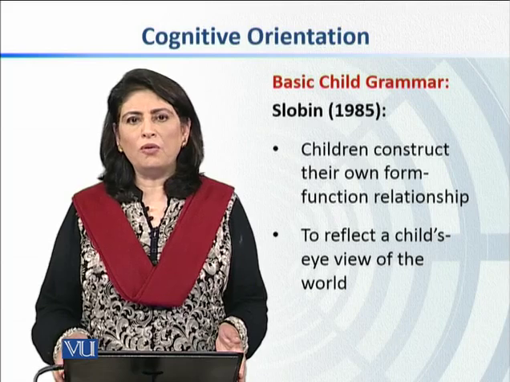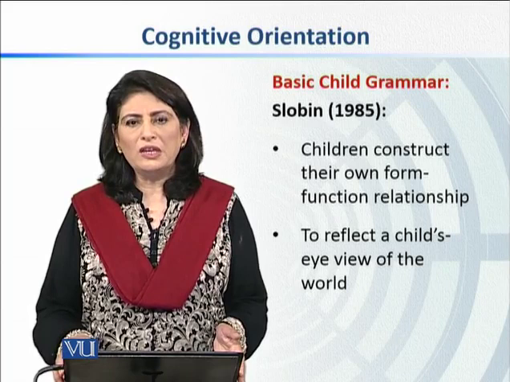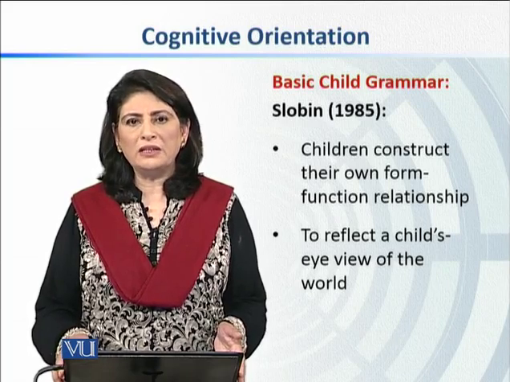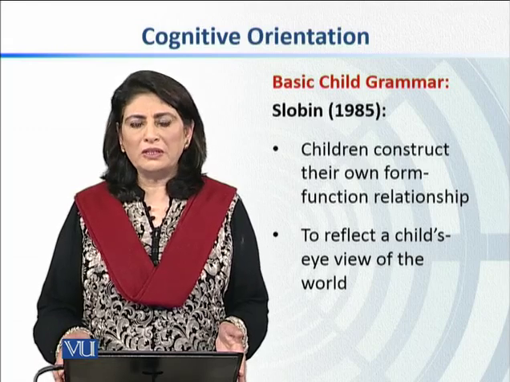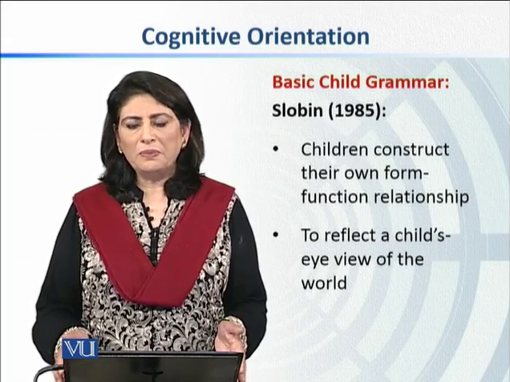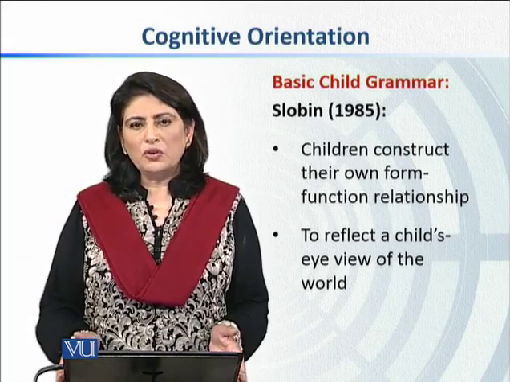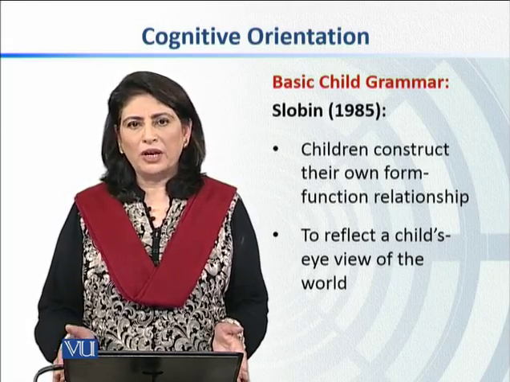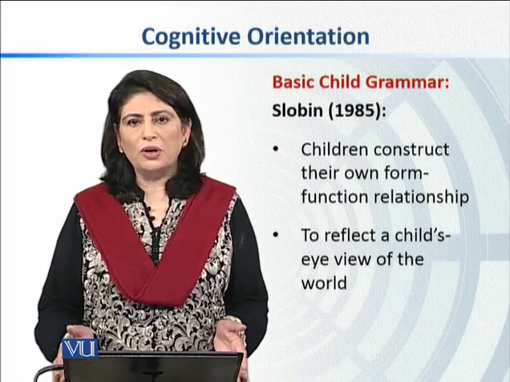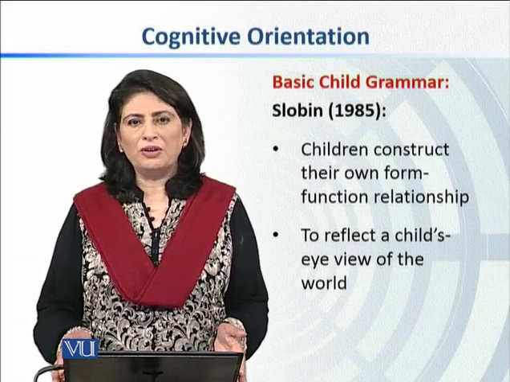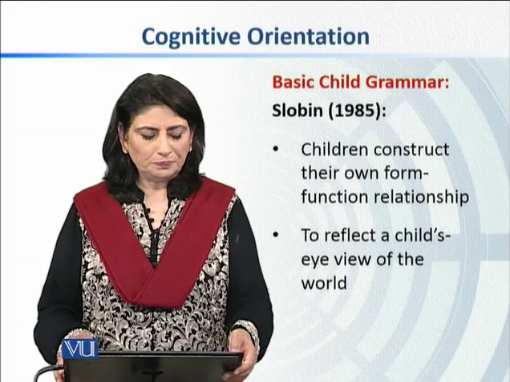So they have their own understanding of how the language works, and they use it by selecting certain forms from the grammatical structures that come to them, and they use them to express their meaning. So this language that the child learns actually reflects the child's worldview. It reflects how a child looks at the world.